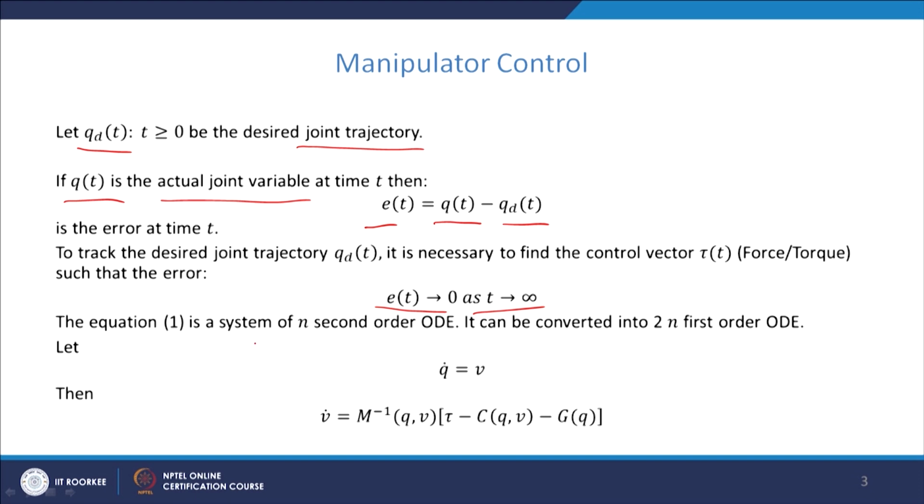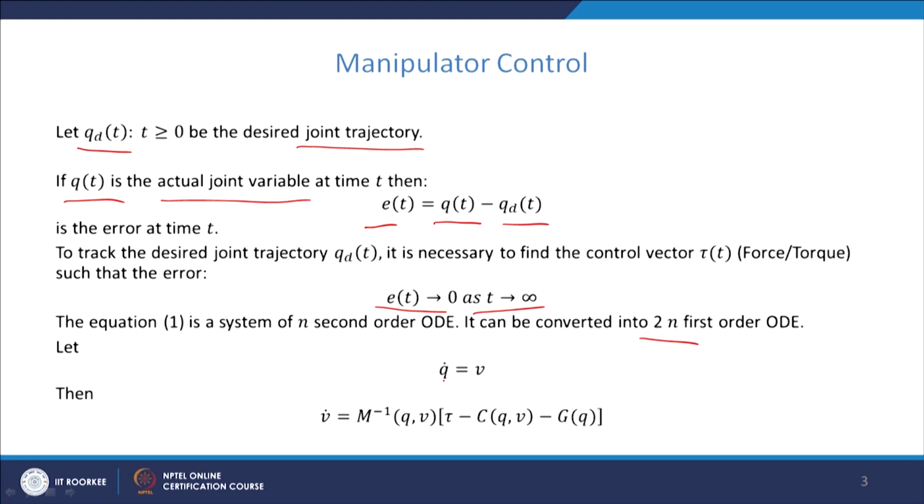Now, we can convert the given system of second order equations into 2n first order differential equations. Each second order equation can be converted into 2 first order equations by substitution.